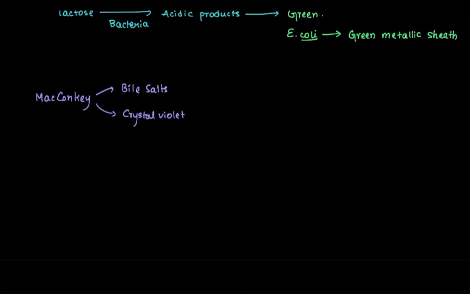So these again, the bile salts and the crystal violet, inhibit gram-positive bacteria, and they also have lactose as a carbon source. They also have something called neutral red.